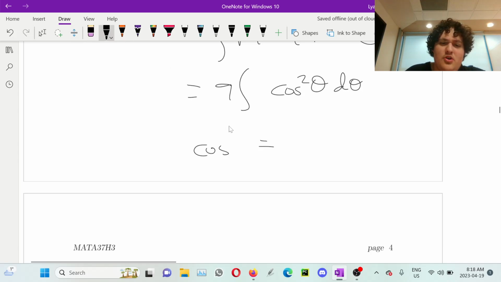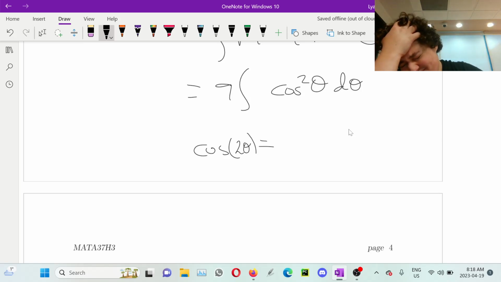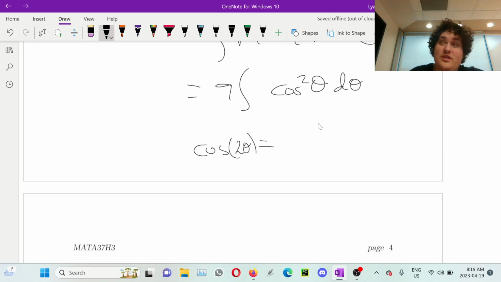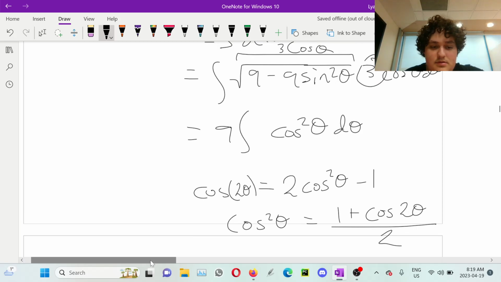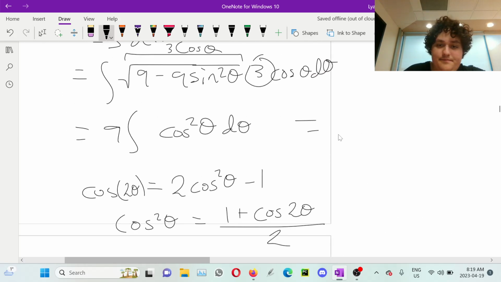I know that cosine of 2 theta equals, right? Yeah, cos squared minus sine squared, but I can write sine squared as 1 minus cos squared, so it's minus 1 minus cos squared, that's 2 cos squared minus 1. So then you have cos squared equals 1 plus cos 2 theta over 2, right? So we should plug that in over here.